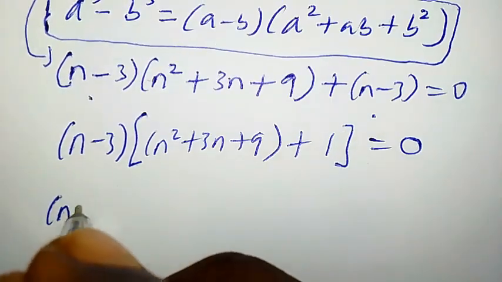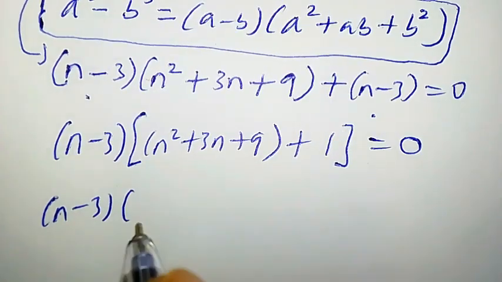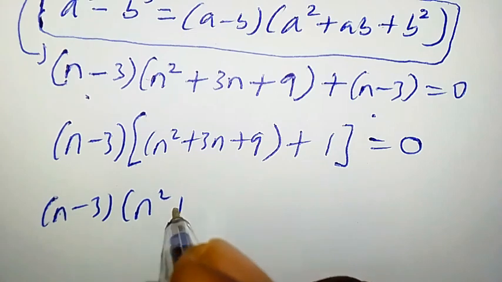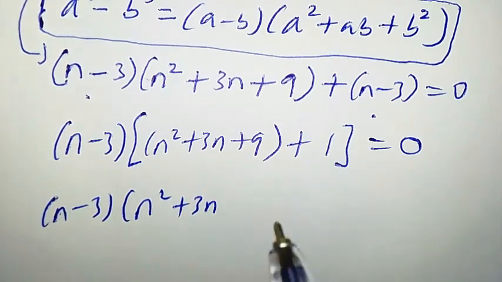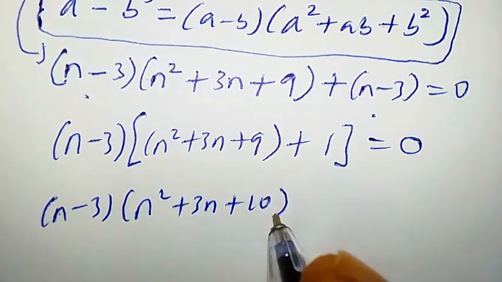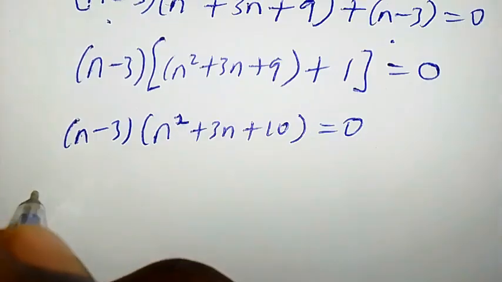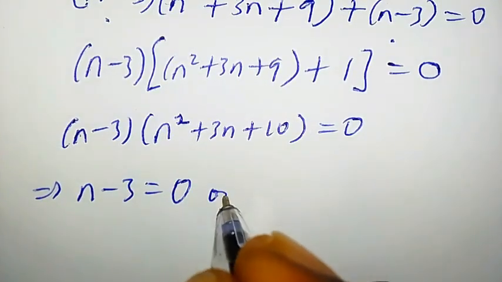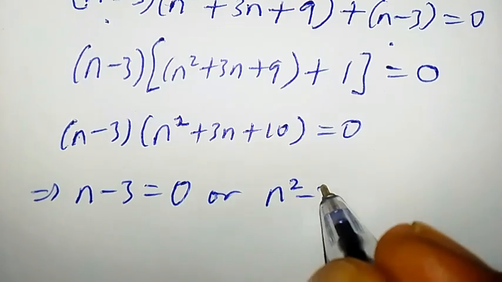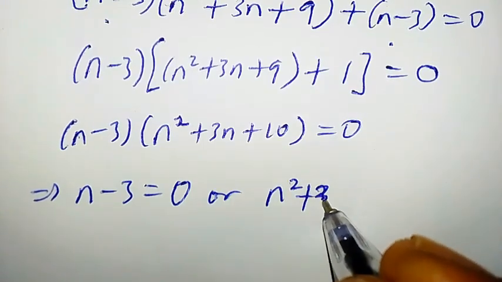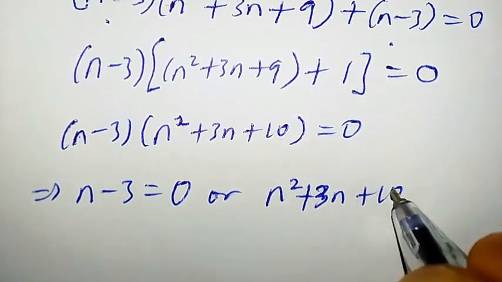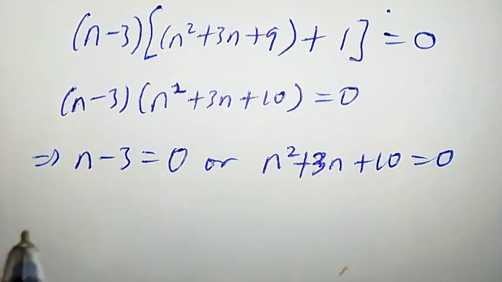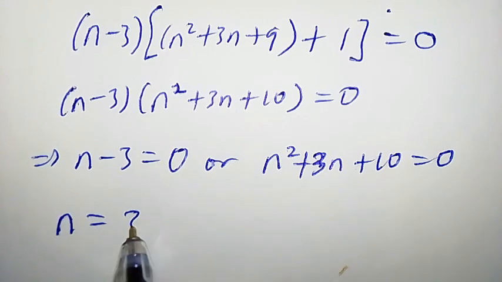So we have n minus 3 times n to the power of 2 plus 3n plus 10, since 9 plus 1 is simply 10, equal to 0. This implies that n minus 3 is equal to 0, or n to the power of 2 plus 3n plus 10 equals 0. Clearly from this, n is equal to 3.